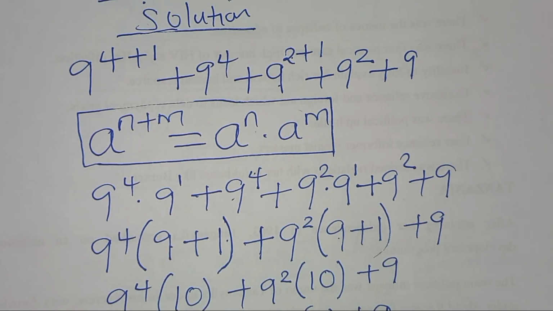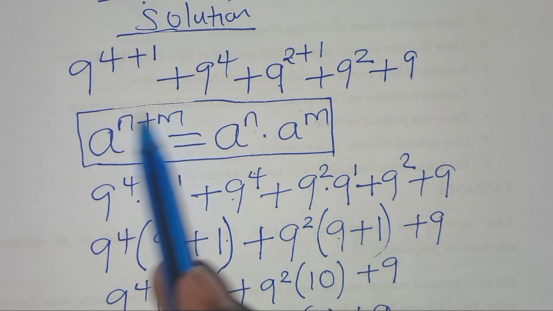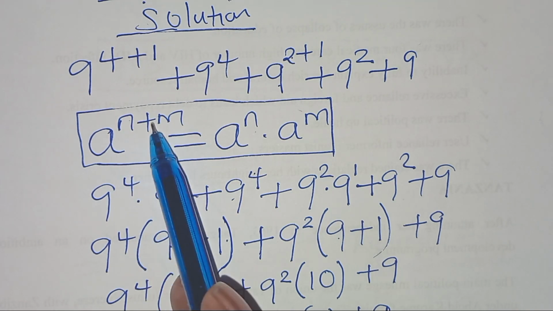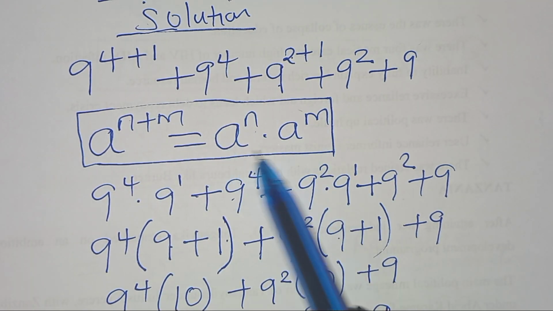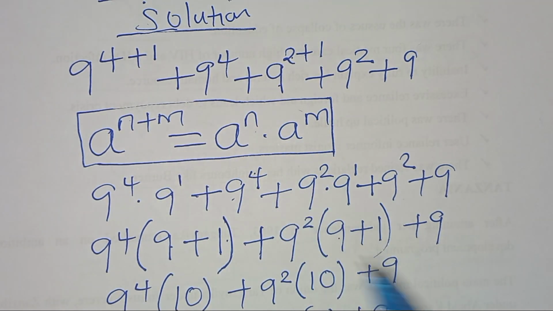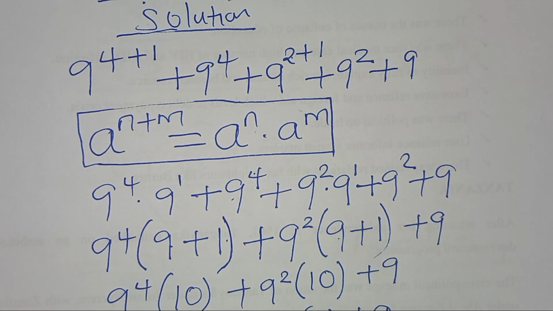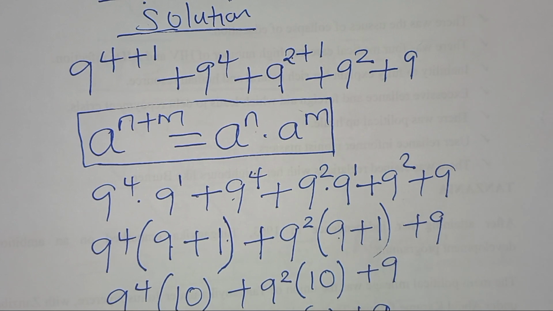Now 9 raised to power 2 plus 2 is in the form of a to power n plus m. Now let's transform it in this form. So this is the same thing as 9 to power 2 times 9 to power 2 multiplying by this 10, then plus 9 to power 2 multiplying by 10, then plus 9.